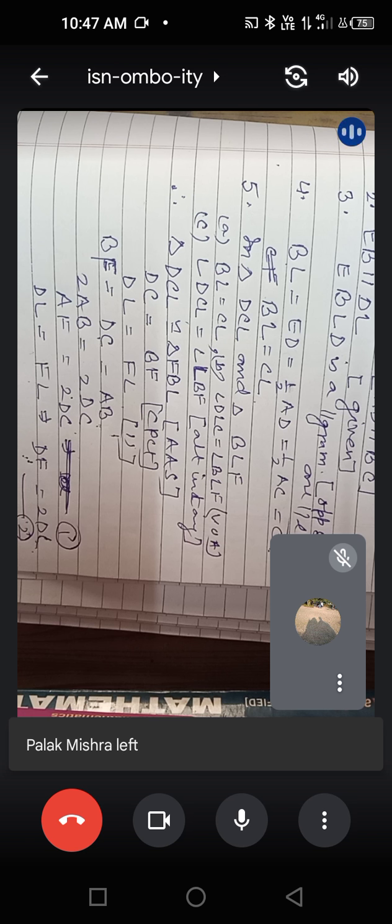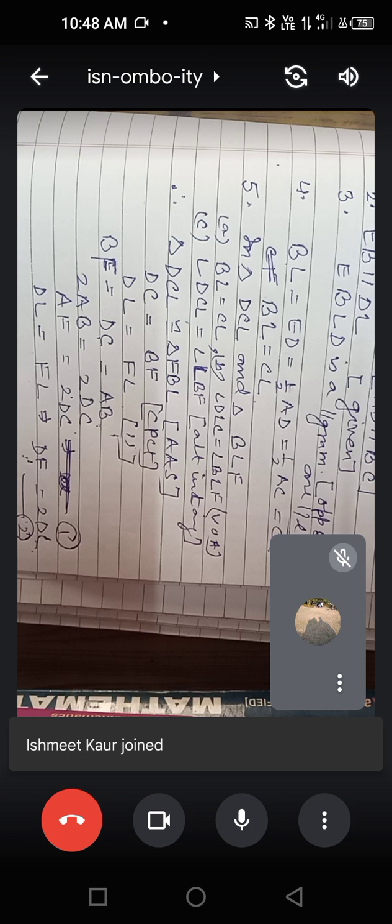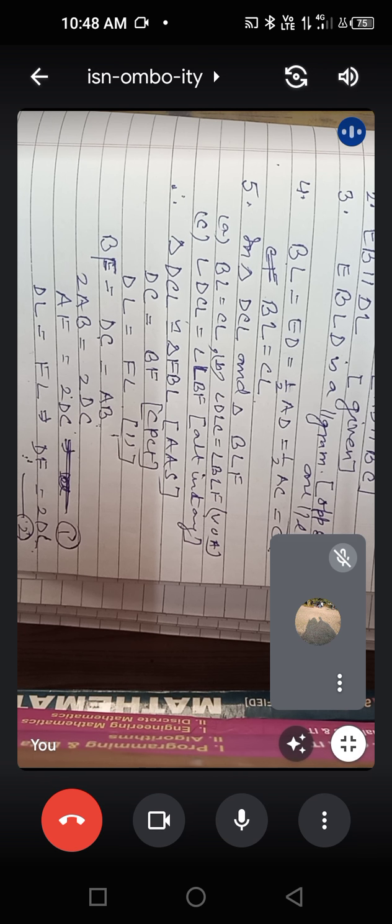PQ and RS are two equal and parallel line segments.